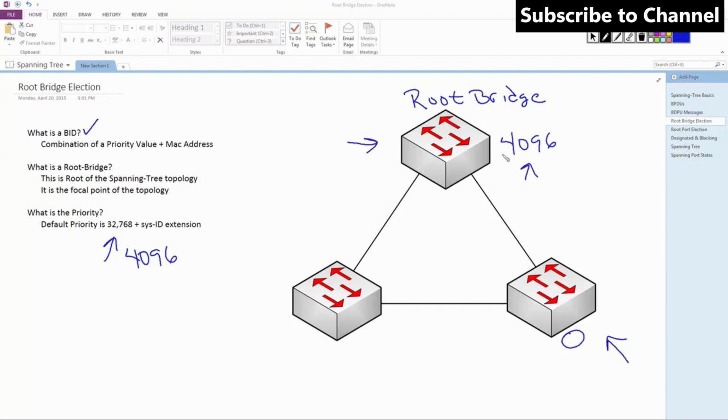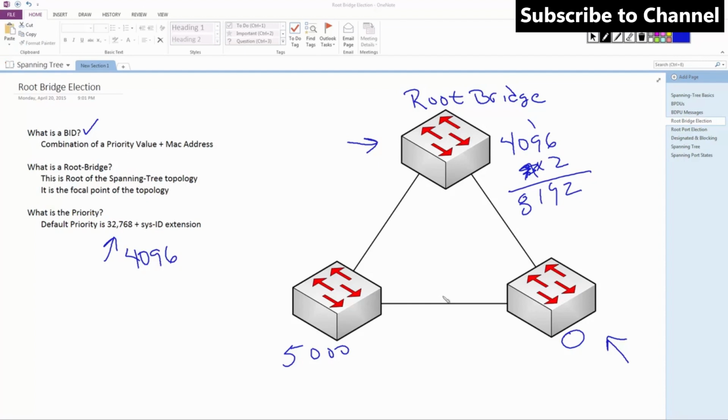But if I have to go up to the next one, I can't just put 5,000 as the root bridge. My next value would have to be 8,192, if I'm doing that math correctly. So we can actually say 2. This will be our next increment. So that's 2, 8, 9, 1.